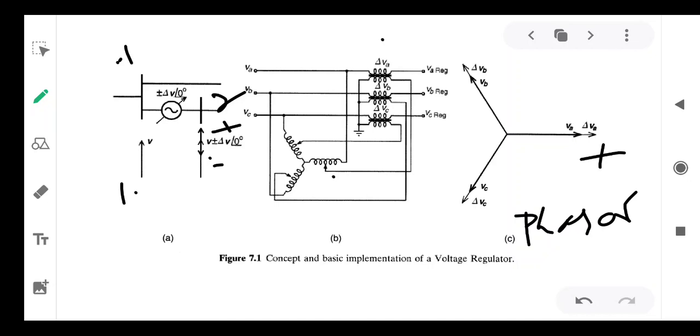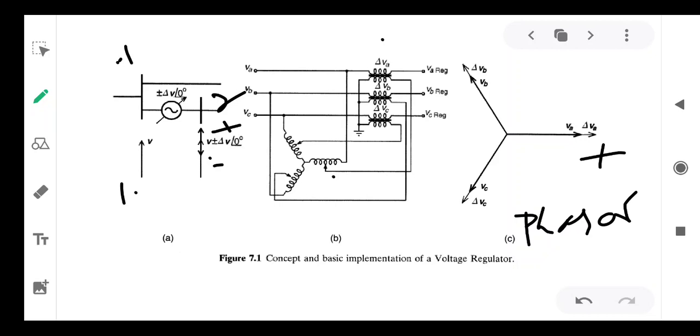So after that voltage regulator, there is a bus V2 at which the voltage is controlled with V plus or minus delta V. That means VA plus or minus delta VA, VB plus or minus delta VB, VC plus or minus delta VC in all three phases.